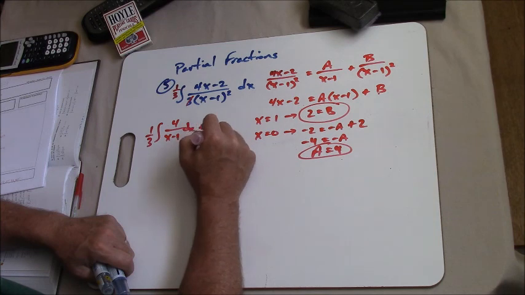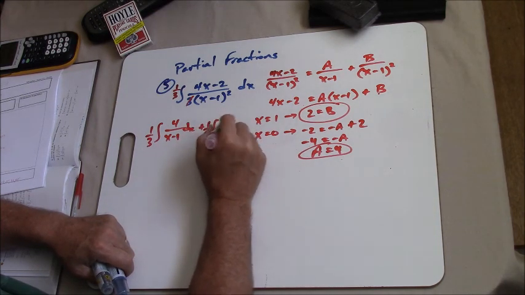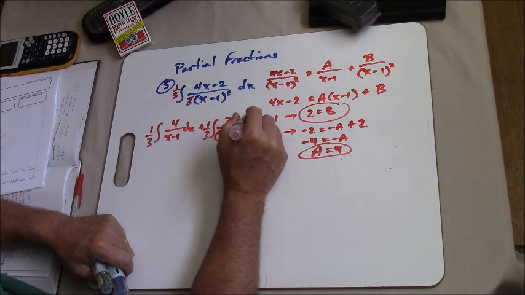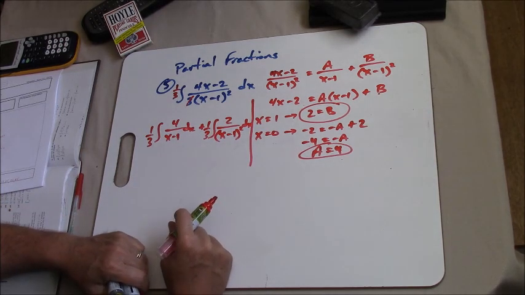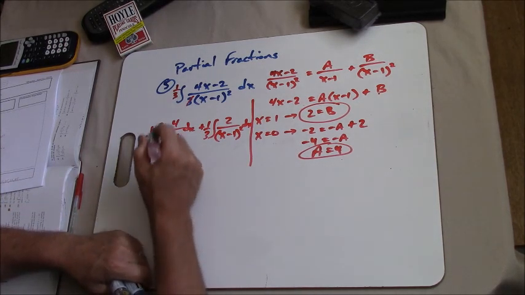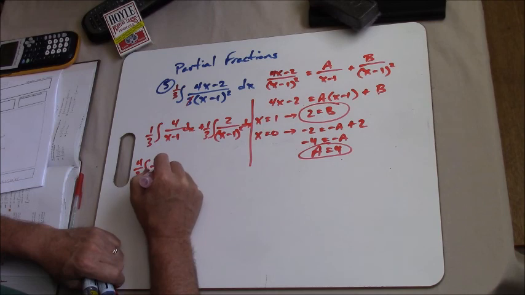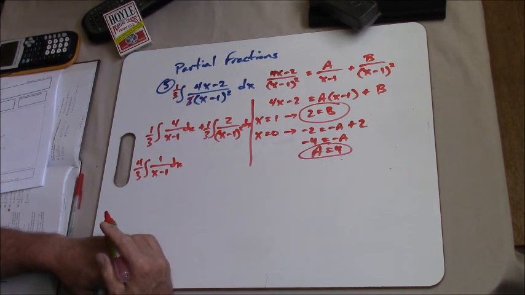So I got 1/3 here, and then I've got 2 over x minus 1 squared dx. So if I move that 4 to the outside here, I've got 4/3 integral of 1 over x minus 1 dx. That's a u prime over u. So I got that one taken care of.